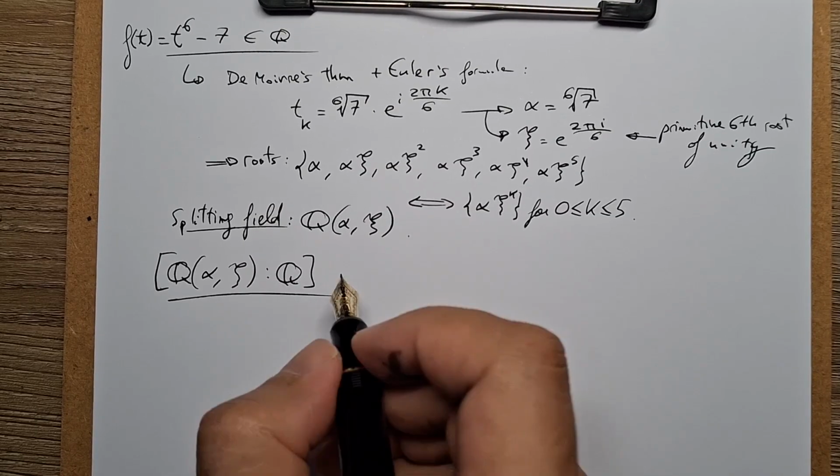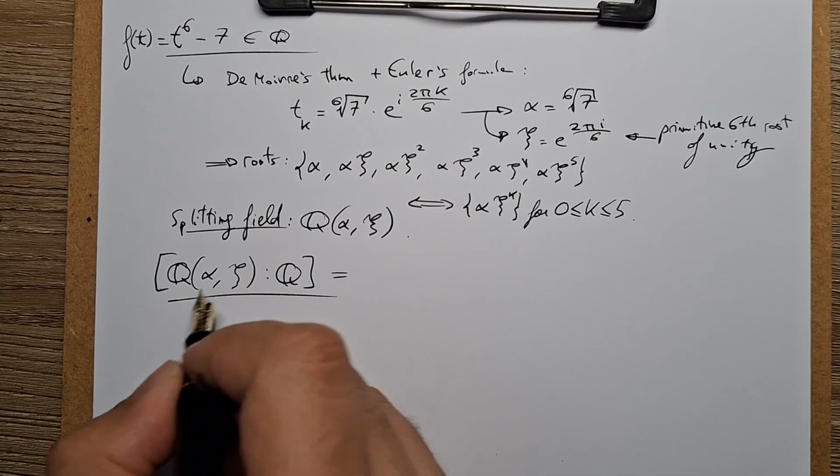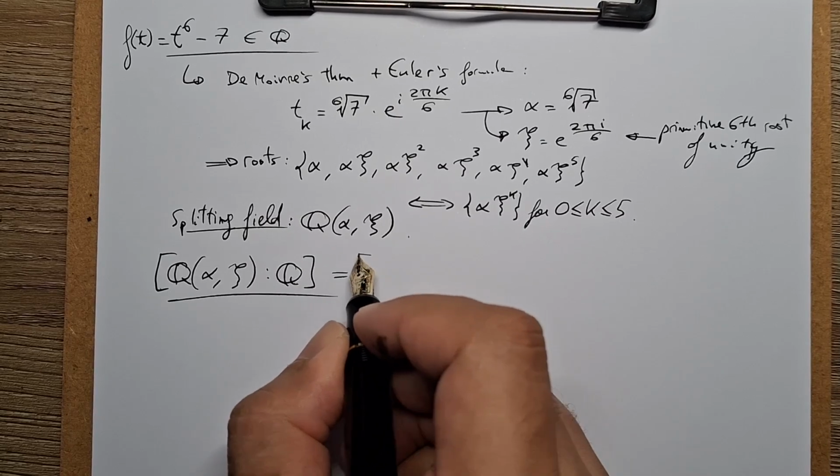So let's find that. By the Tower Law, we know that we can simplify this and split it into two parts.